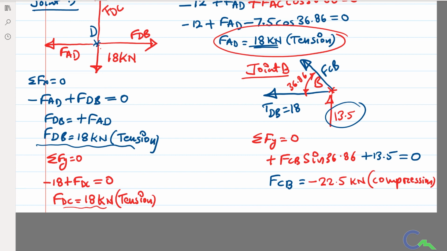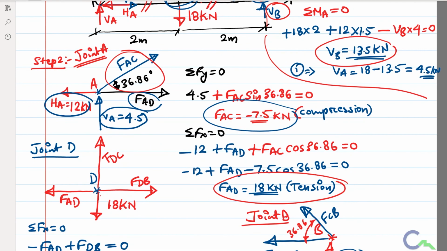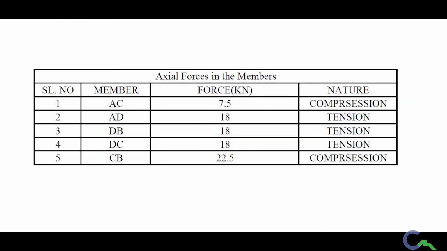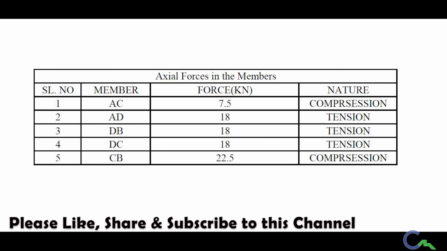Then FCB as minus 22.5, that is in compression. So all the values we have to tabulate, then we have to write the nature of the force, either it is compression or tension. The table is here. In this we can see compression and tension in the members.